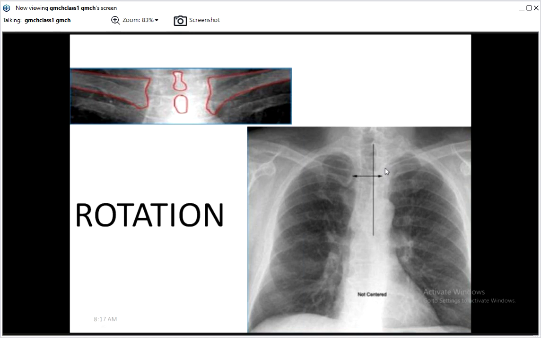This is the medial end of the left clavicle, and these are the spinous processes. What you see is that the distance between the spinous process and the medial end of the clavicle is more on the right side and lesser on the left side. So what does that imply? That this film is not centered and this is a rotated film.